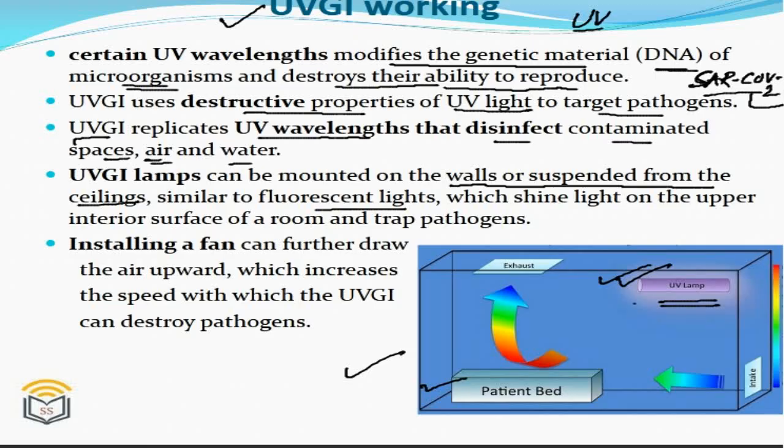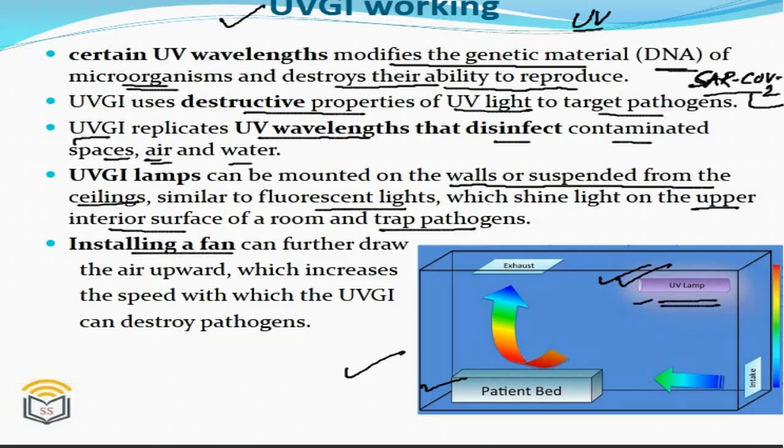This light fitting will be fitted onto the wall here, and this light will emit the UV radiation. It is fitted in the upper interior of the room, and it will trap the pathogens.